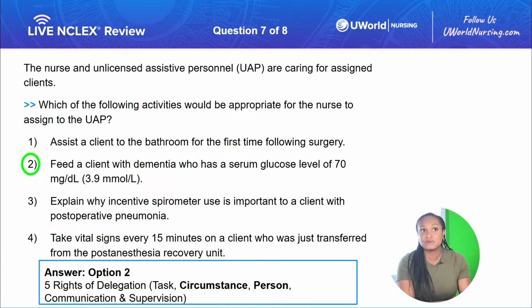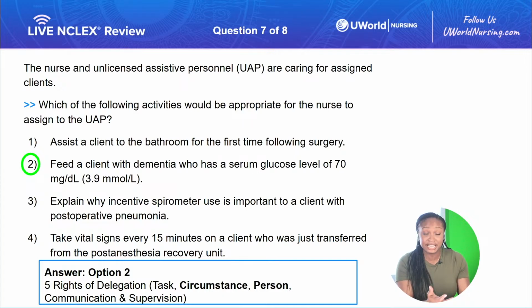Option 3, explain why incentive spirometer use is important. Again, this is initiating teaching about the incentive spirometer, which is in the scope of an RN. And then option 4, take vital signs every 15 minutes on a client who was just transferred from the PACU.